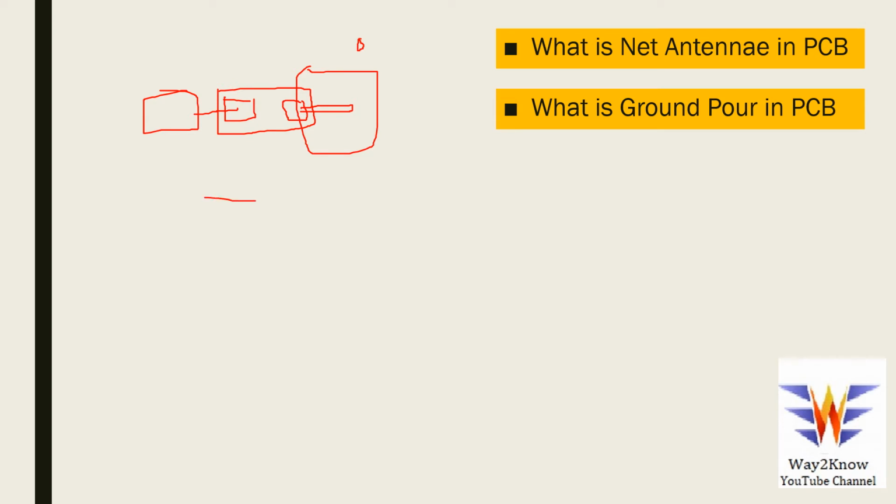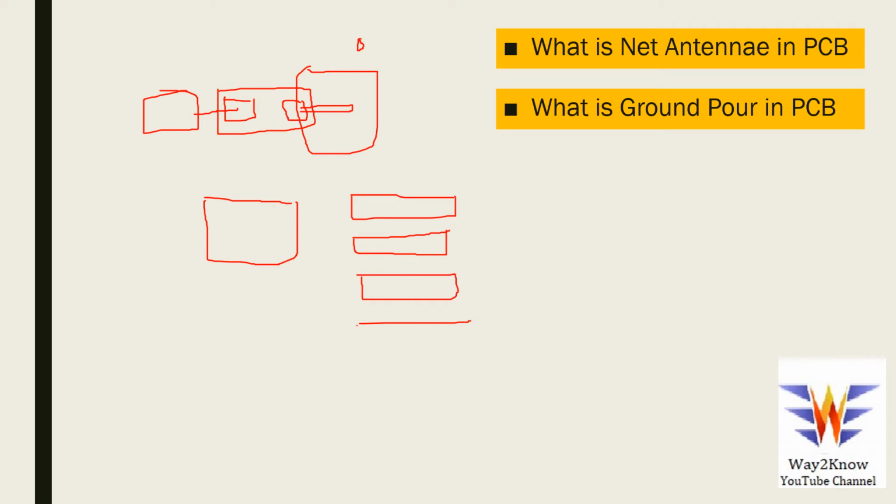Now let us assume this is a top layer, okay, and this is the top view of a top layer, and the side view will be this way, and then there is one more layer. Let us assume a 4-layer stack up.